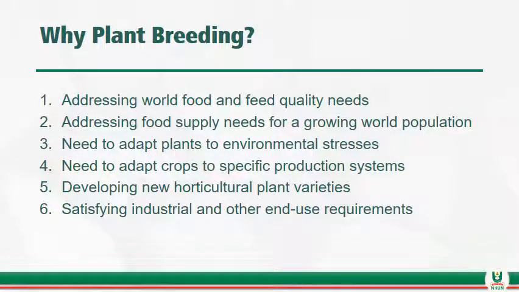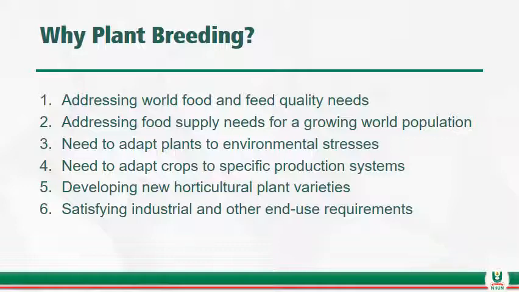Why is plant breeding so important also? It's important because, one, it addresses the world food and feed quality and yield. It's different when you're eating something that is packed with nutrients, that is of quality. So this is what it does. When you have improved varieties, then you have high quality products.